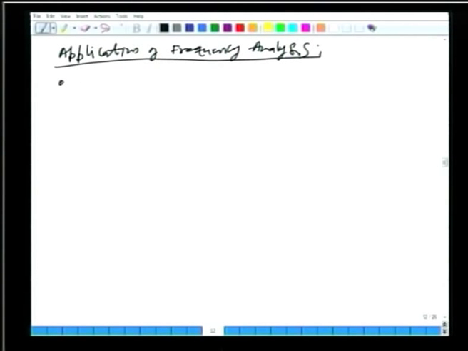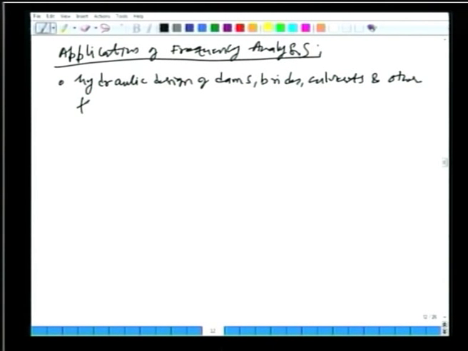First and foremost is the hydraulic design of your major hydraulic structures such as dams, bridges, culverts, and other flood control structures such as levees, channels, etc.